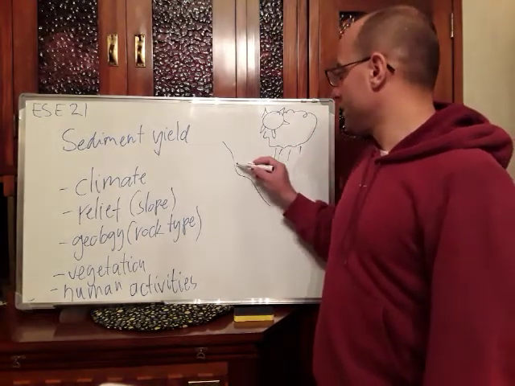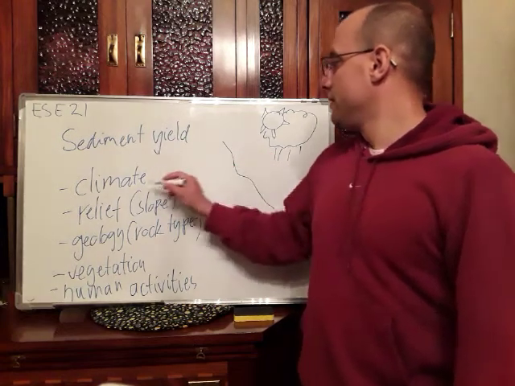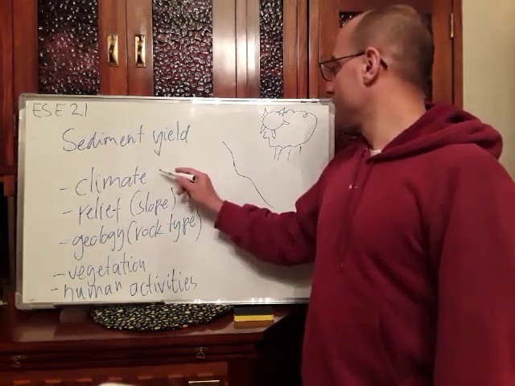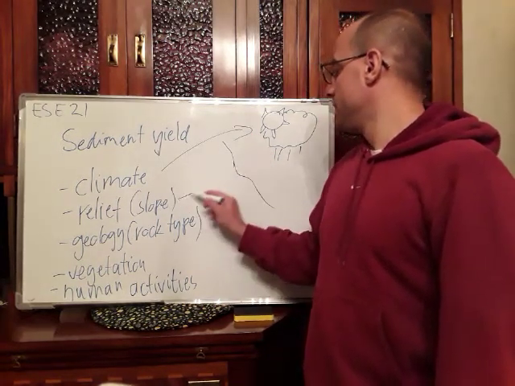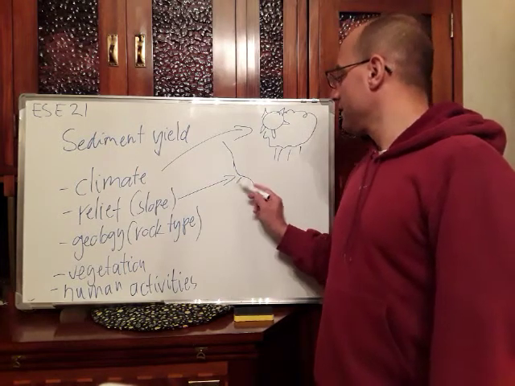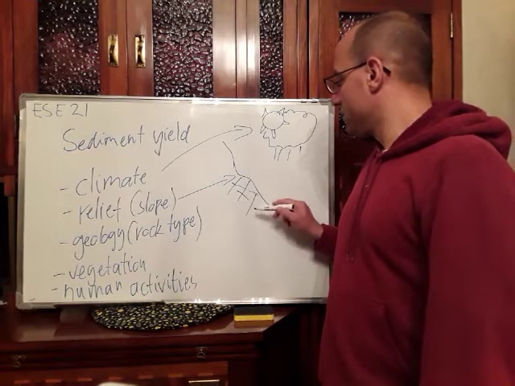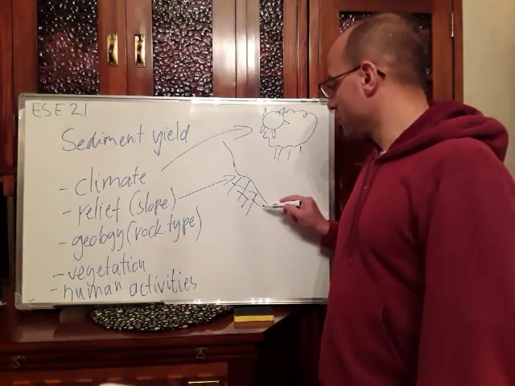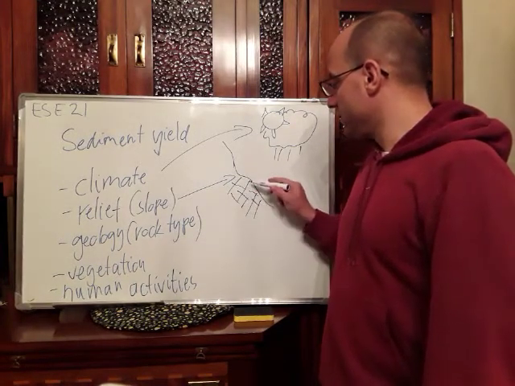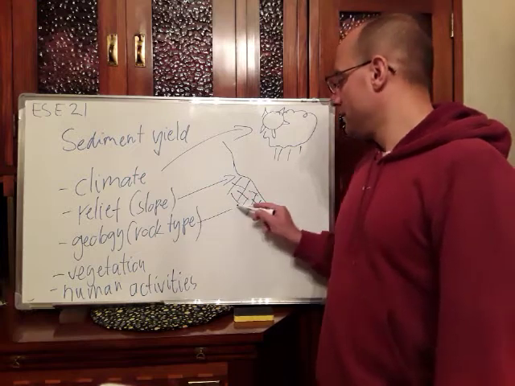We can also think about, again, the relief. So climate, relief. Also we can think about what kind of material this is. So to what extent is it porous, being able to carry it washed away.